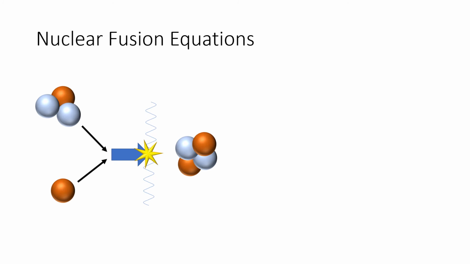So here we have a different pair of isotopes fusing together. So this time I want you to draw it out and then write out the nuclear equation. Pause the video now to give that a go.